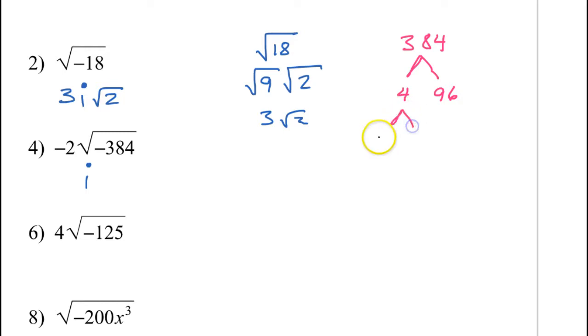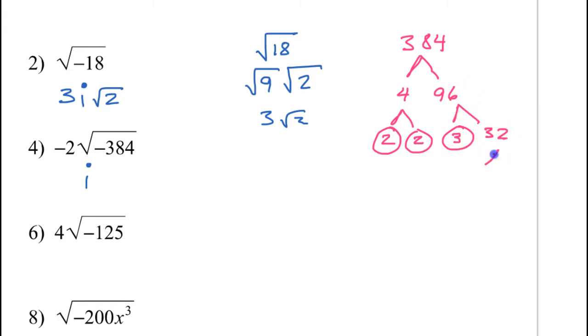4, of course, is going to be 2 times 2. These are prime numbers. Okay, 96 is divisible by 3. Okay, that's 3 times 32 will be 96.